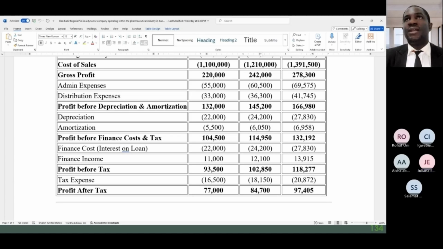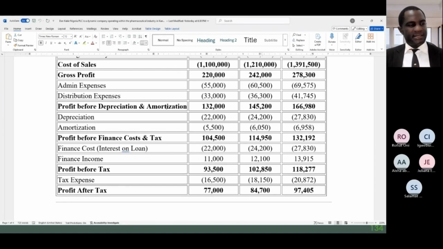If the examiner doesn't ask us, we should use ROCE and ROE, return on equity. We shouldn't use return on asset, which is rarely asked. Return on capital employed and return on equity are very, very important.